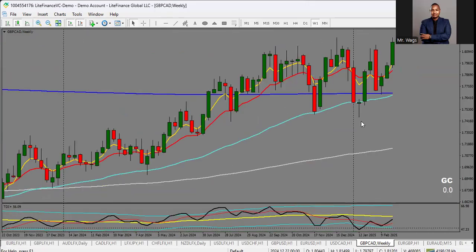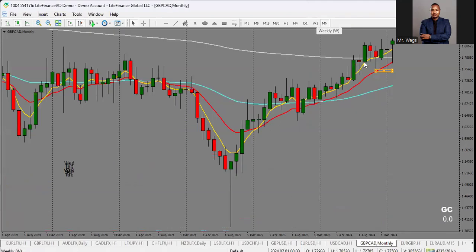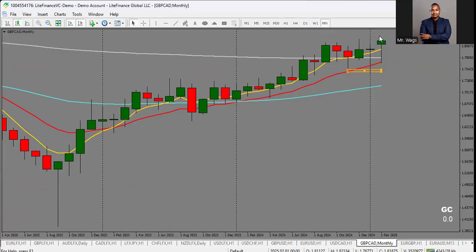So on the weekly time frame, price had started its move on this EMA, and you can see it from the support area. See how the monthly candle has closed.